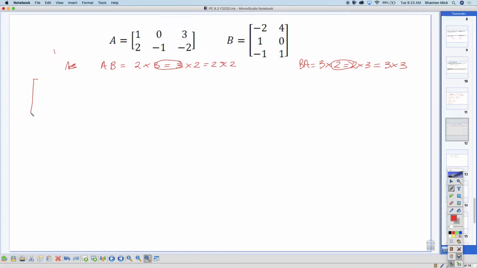Okay, first row, first column. So 1 times what? Negative 2. And I'll write it out this time, but on my next one, I'm just going to put 0. Why? Because 0 times anything is what? 0. Okay, so 0 times what? 1.